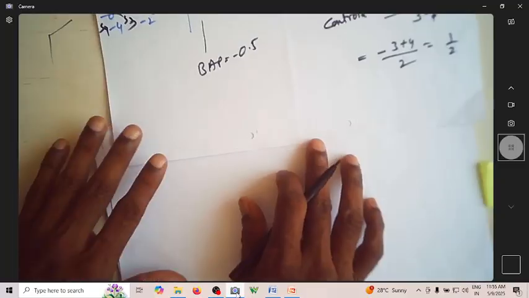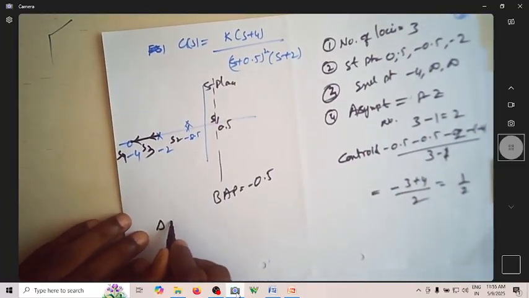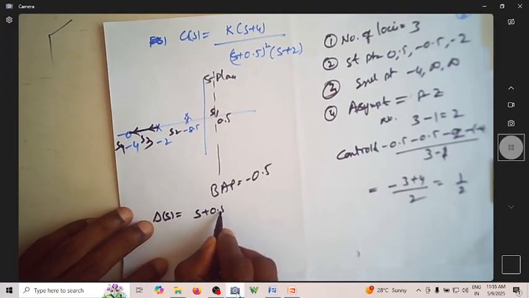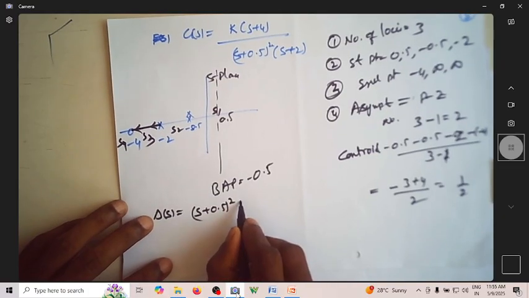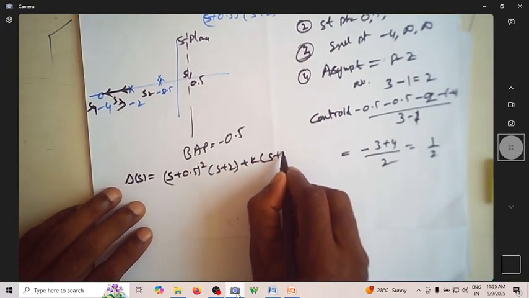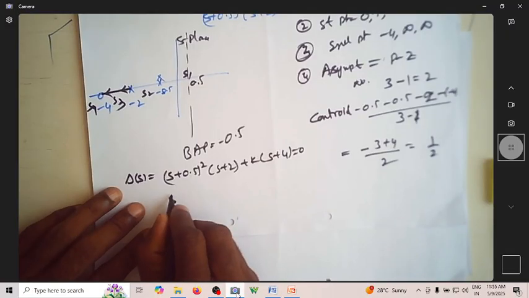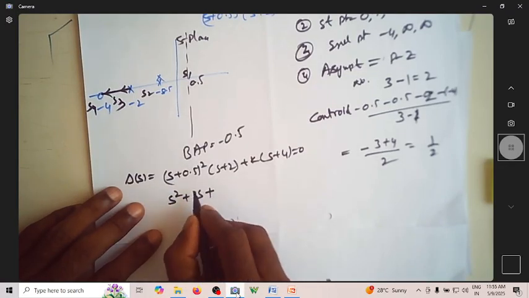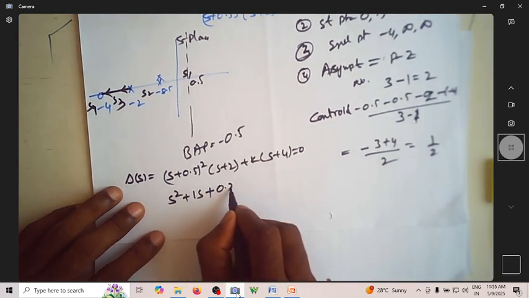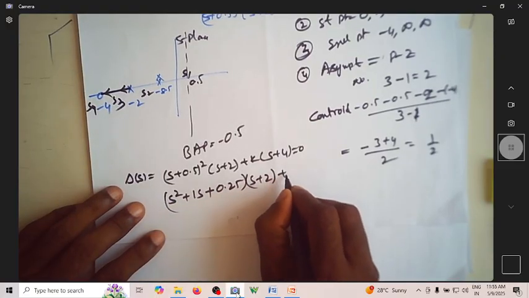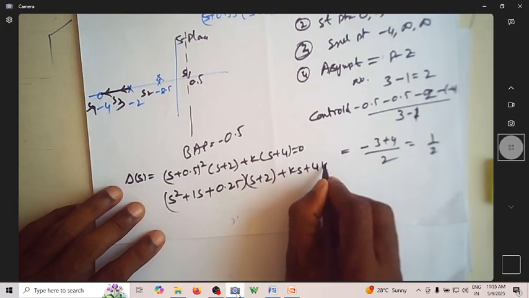What we have to do now is write the del of s, which is nothing but (s plus 0.5) whole square into (s plus 2) plus K into (s plus 4) equal to 0. So it is s square plus, okay, 0.5 into 2, which is 1s, plus 0.5 square is 0.25, into (s plus 2) plus Ks plus 4K equal to 0.